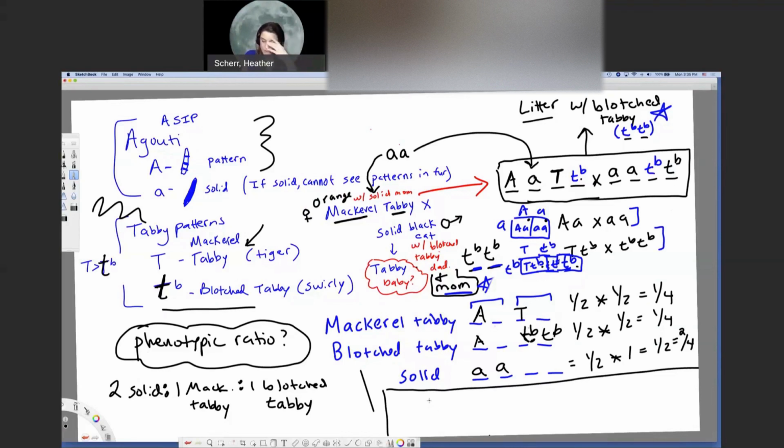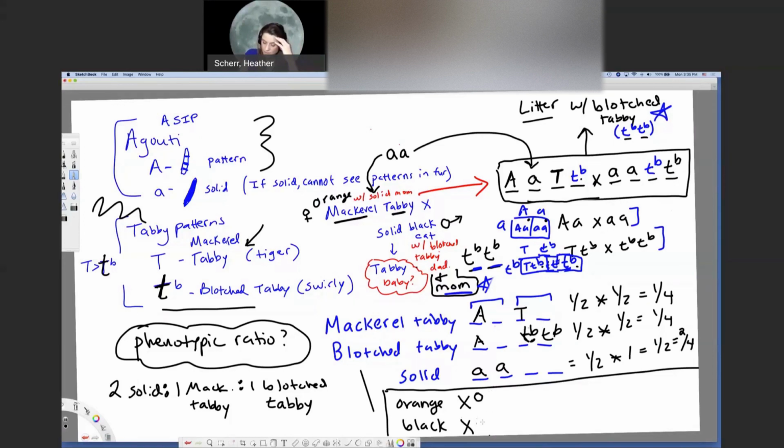which is totally separate, but it's the orange versus black cat. And I had mentioned that before, you have an orange, which is big O, which produces more pheomelanin.